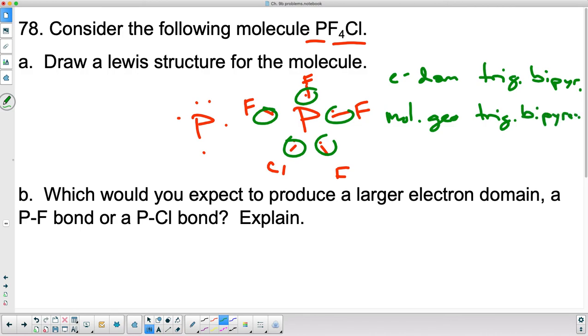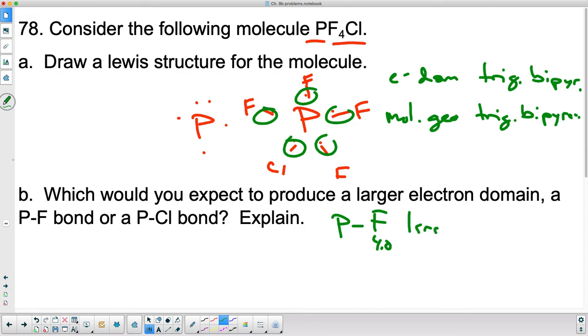So now that we know that, which would you expect to produce a larger electron domain, a PF or a PCl bond, and why? Well, that's actually pretty simple. Whatever P is for electronegativity, the F is larger because it's the largest one. It's going to pull the electrons towards that F, which gives it a larger domain. More electrons, or electrons closer to that atom, means larger domain.